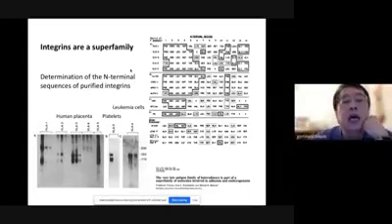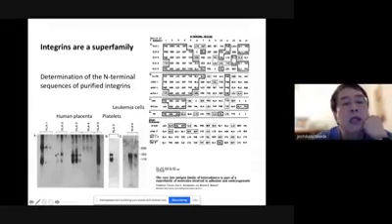Within, I think, a week or so, using monoclonal antibodies to the alpha chain, we got the alpha beta heterodimer using different antibodies. So beta is common, right? Beta is common.